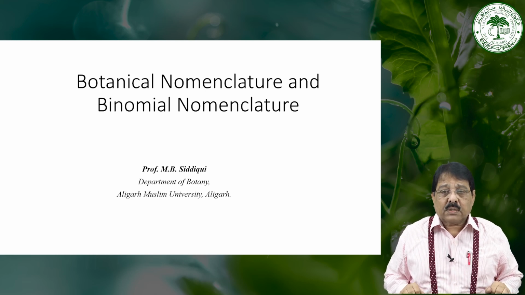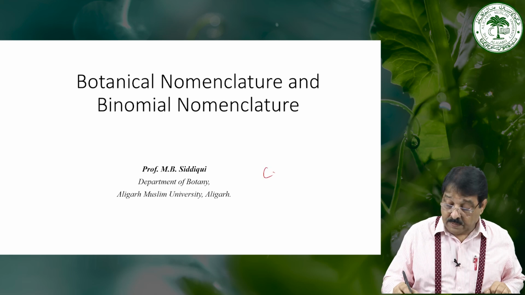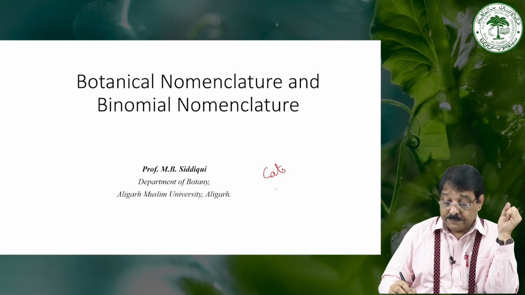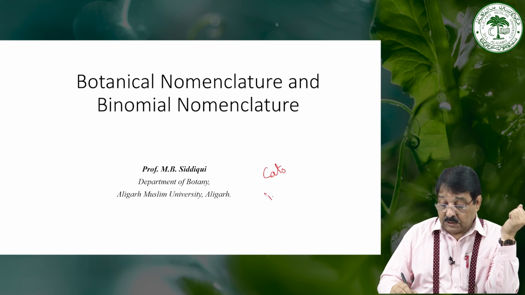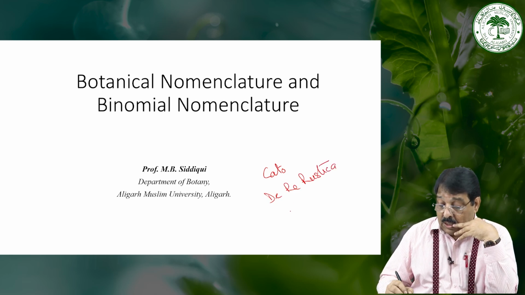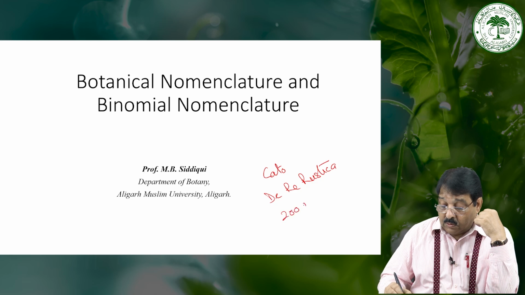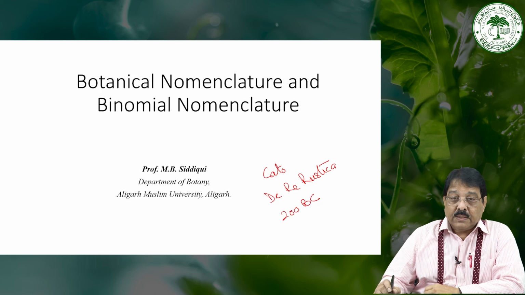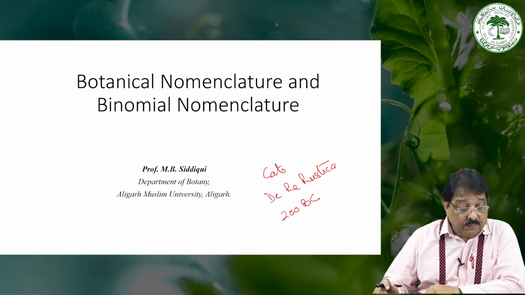There was a worker, Cato, in his monumental work, De Re Rustica, in about 200 BC, who used two words for a plant, but he did not have any concept of genus and species.